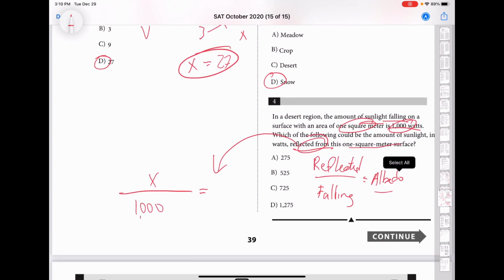So if we multiply by 1,000 on both sides, x is going to be some value between 260, because we moved the decimal 3 spots, and 290. So x is some answer between 260 and 290. And we look at all our answer choices. The answer should be A, 275.